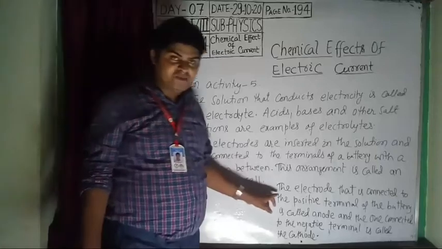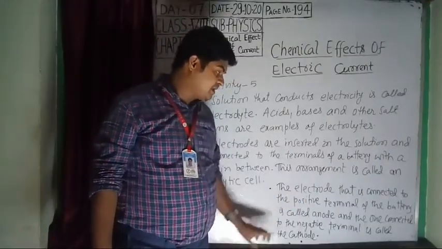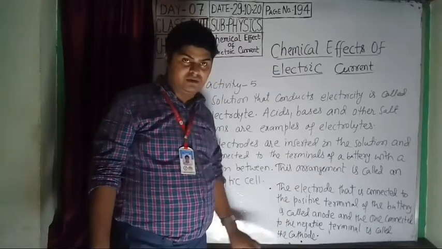The last point: the electrode that is connected to the positive terminal of the battery is called the anode.